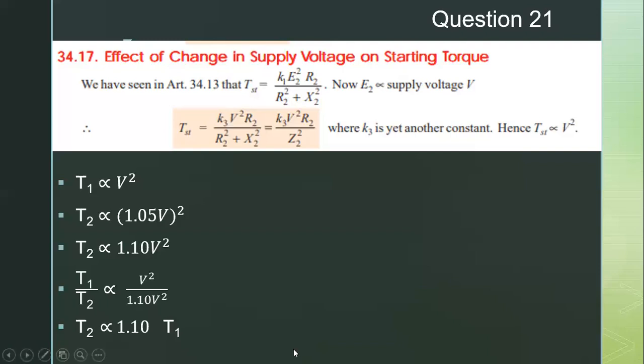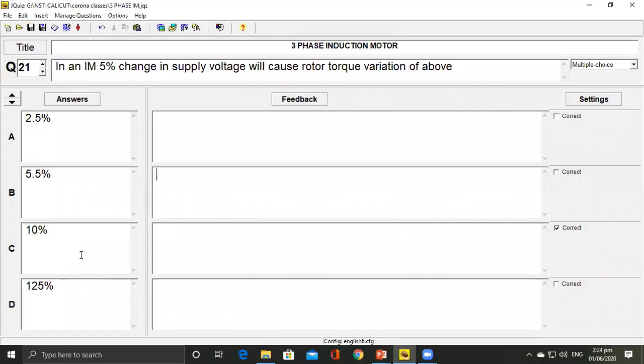You can find it easily using this equation. The first condition you take as V square. For the second, if it is 5% I take 1.05, if it is 10% it is 1.10, and if it is 20% it becomes 1.20 into V, the whole square. So here the answer is 1.10, which is a 10% increase.